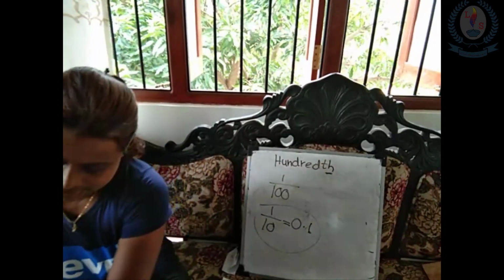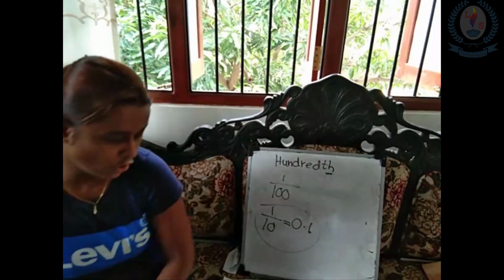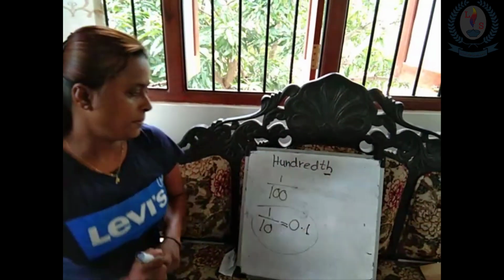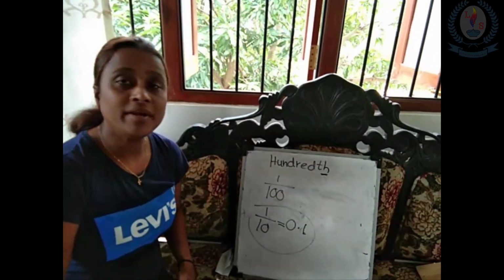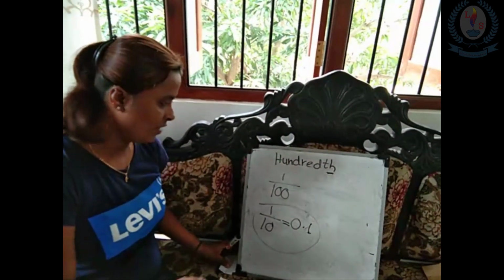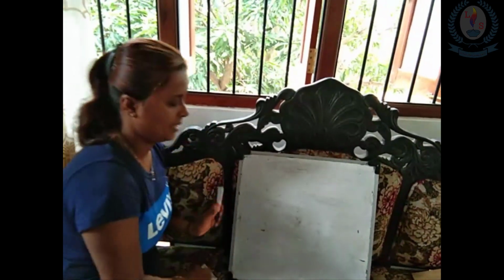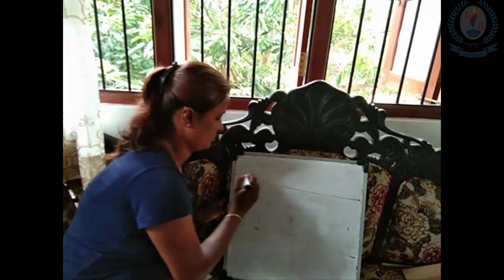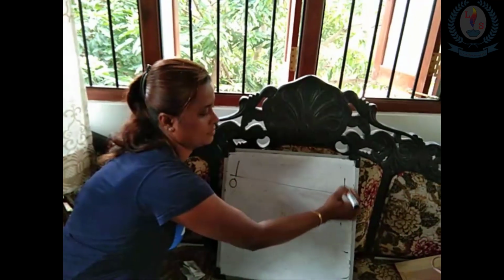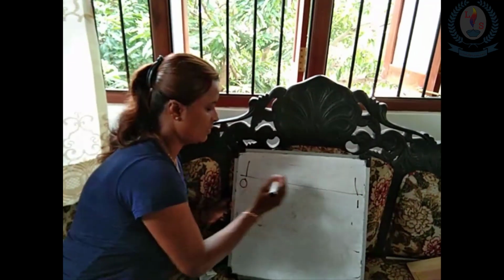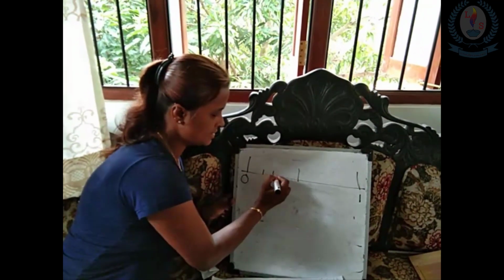Now we are going to write one hundredth as a decimal. First of all, I will show you where the hundredths are in 1/10. Look at this number 1. The interval is divided into 10 equal parts.